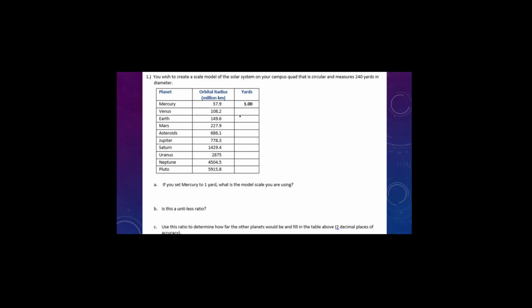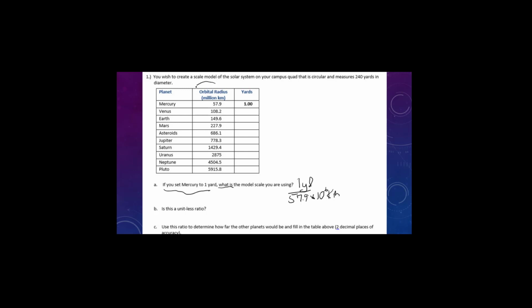So we need to find the corresponding distance each one of these is away from the center of our model. So if you set Mercury to 1 yard, which it is set to, what is the model scale you are using? Well, you're using the model scale 1 yard to 57.9 times 10 to the 6th kilometers. So that's the scale you're using.